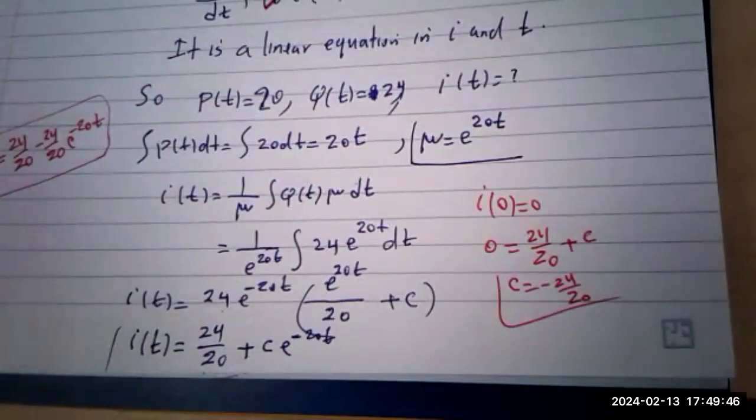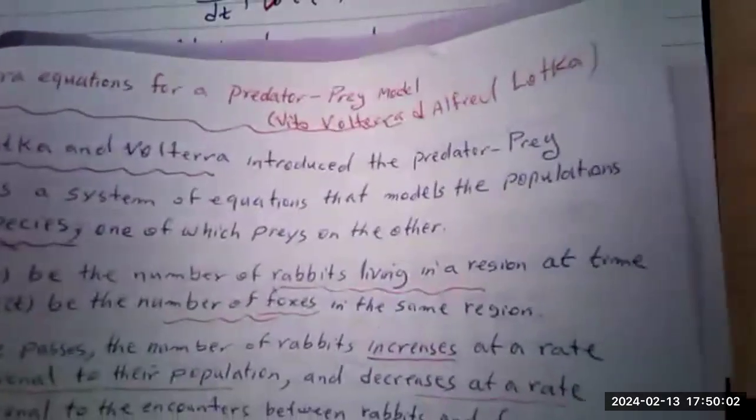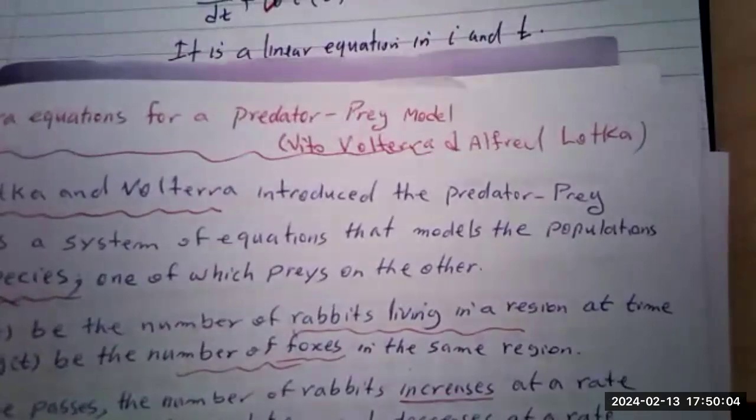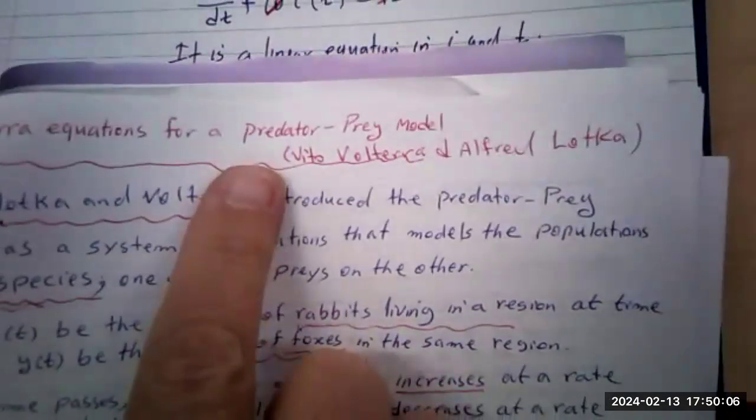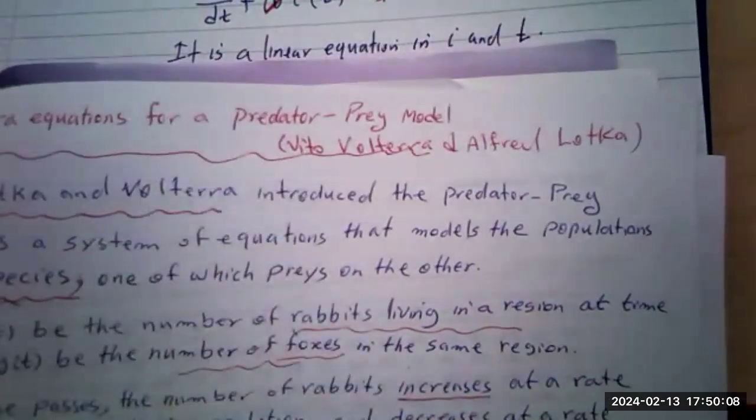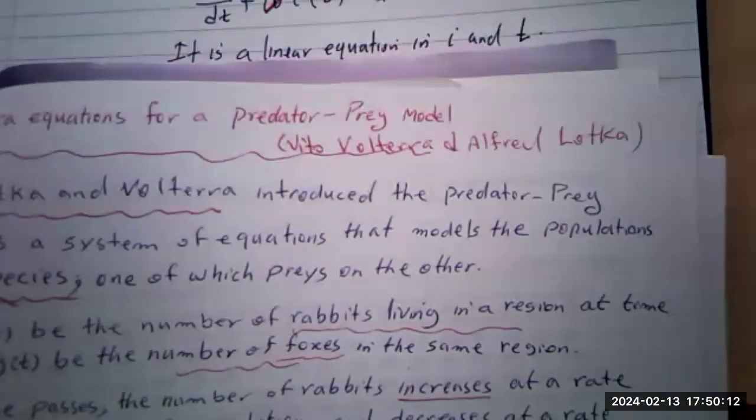So that's just to give you a taste of these problems. There is one that we will talk about when we get to systems of equations. I'm just showing you this one, and I'm going to give this one as part of the other project that we have. It's called the predator-prey model. You know that there are some creatures that feed on others.